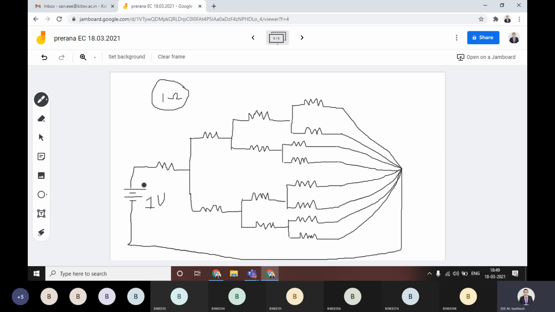What is the current supplied by the 1 volt source when each resistance is 1 ohm?